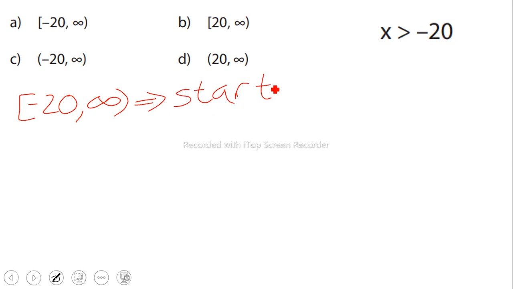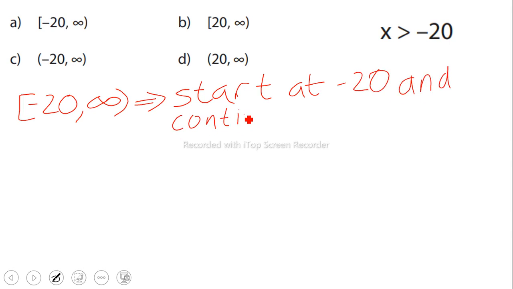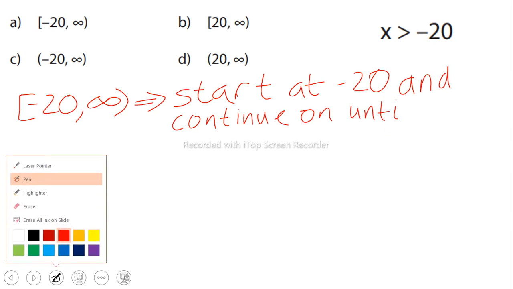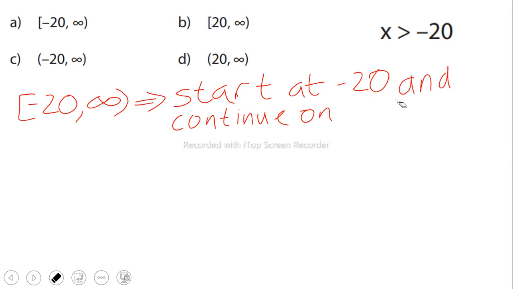So start at negative 20 and continue on forever, basically.